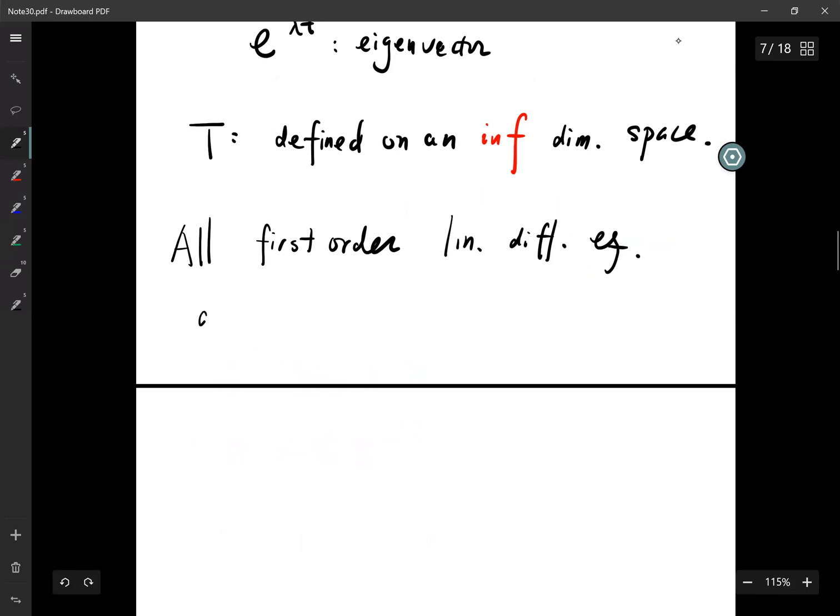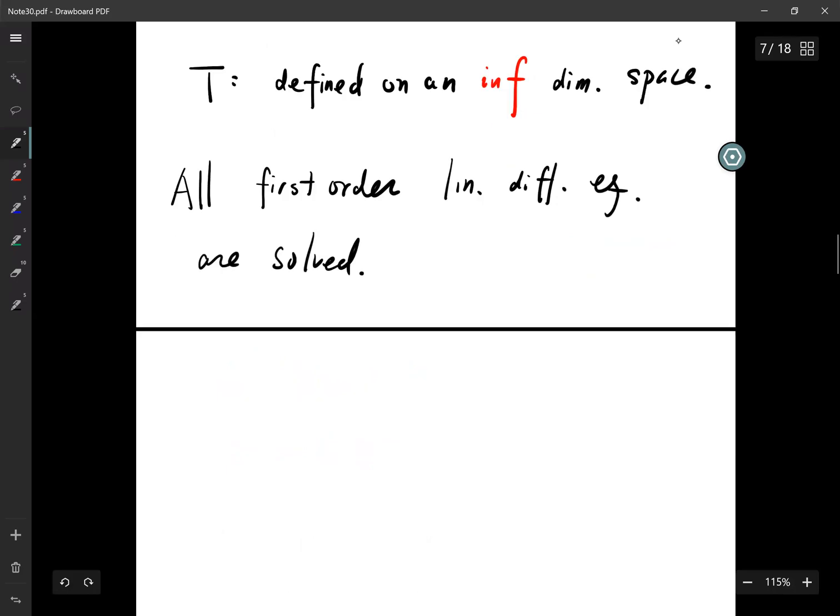Are solved. Therefore, our focus is really second order linear differential equations with constant coefficients.